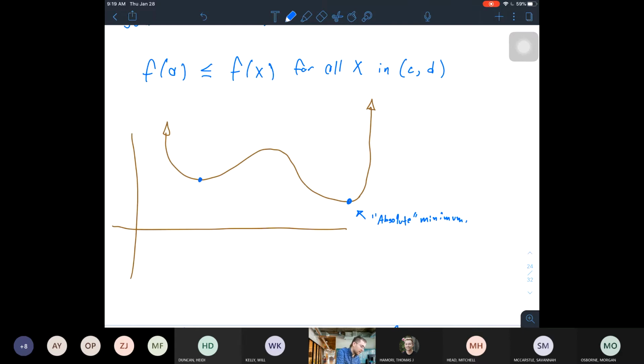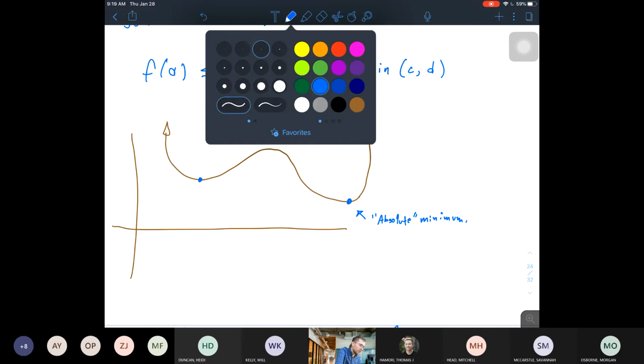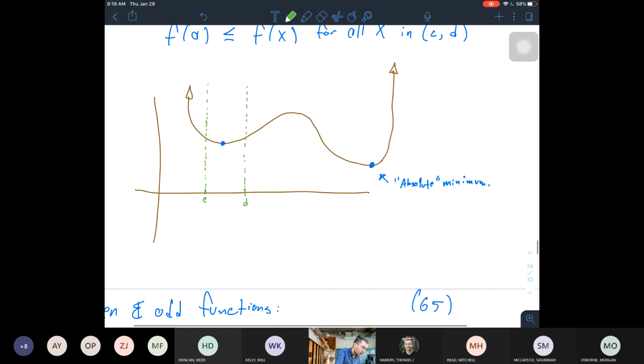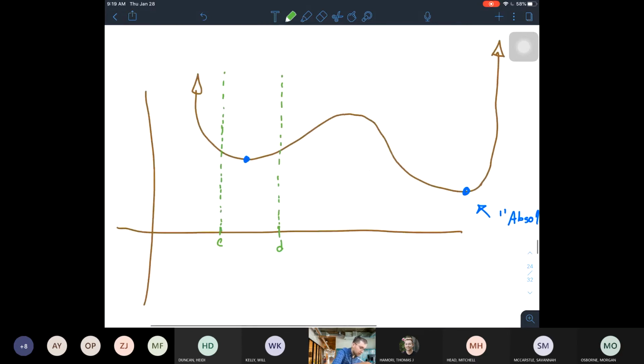And this point here, we can take a subinterval around it, C comma D, on which that's the lowest point in the interval.